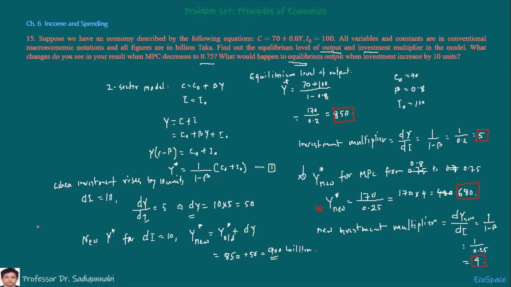This is our second part of the problem. The third part is that investment increases by 10 units, meaning di equals 10, so we get the new equilibrium as 900 billion. So this is our solution to problem number 15.